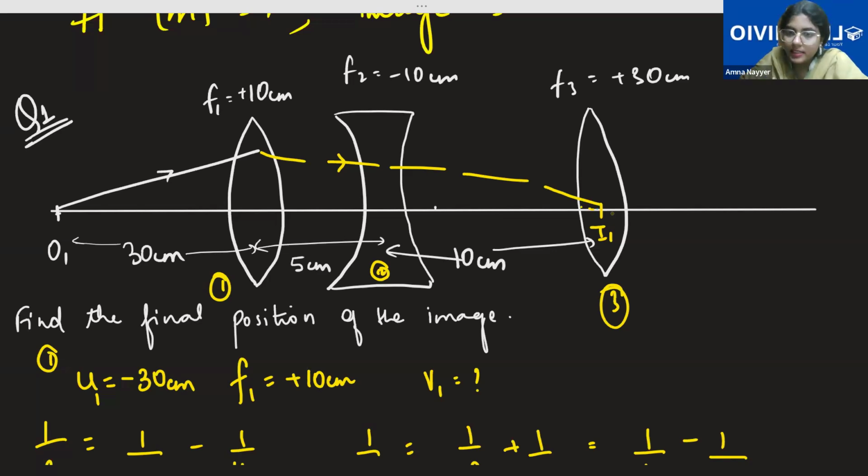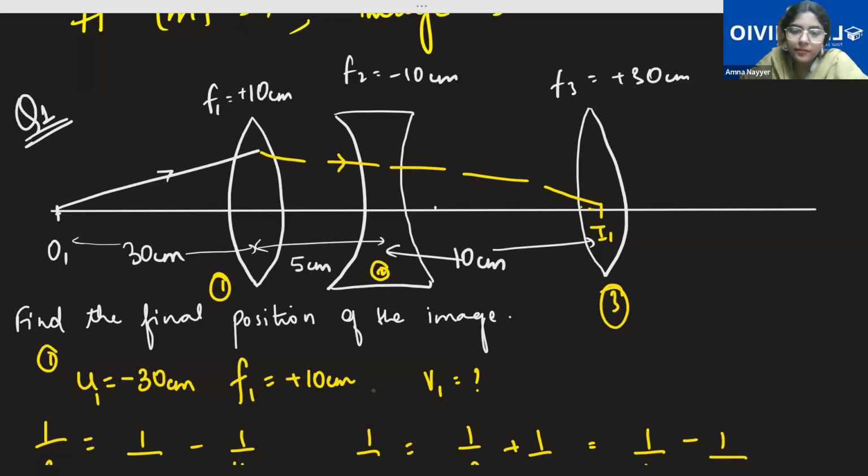Where is your object, Jasleen? First tell me where is the object for U2? Object for second lens, where is it? Question is Zainab, what is the object for the second lens? This is my question right now.